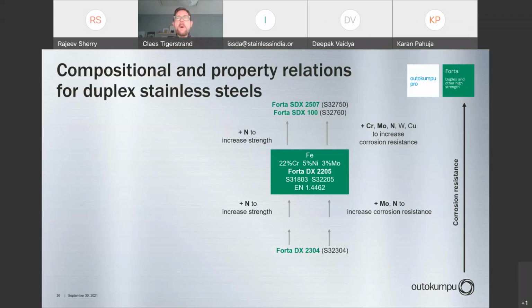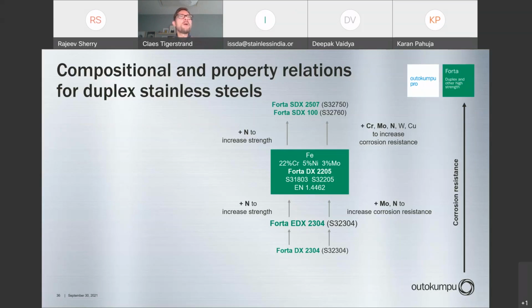Then we have an optimized version of 2304. We call it EDX, Enhanced Duplex 2304, where within the chemical range of 2304, we have tried to optimize the composition with the highest possible nitrogen and chromium content to get the best possible properties for both mechanical and corrosion resistance.